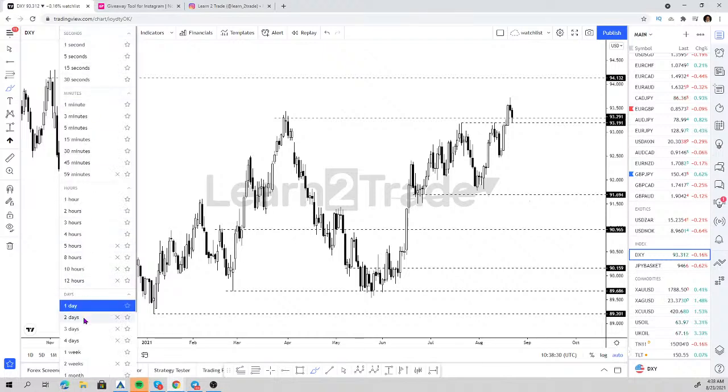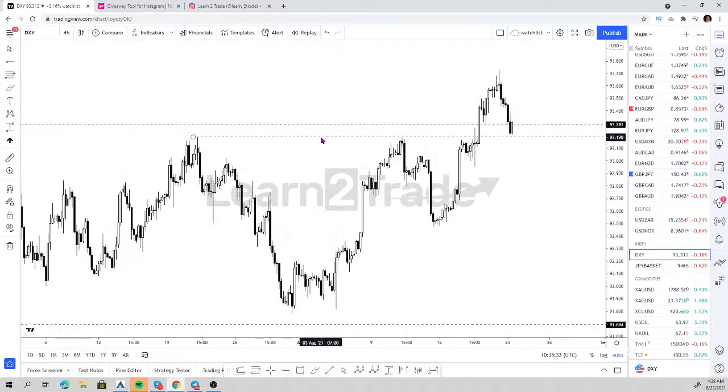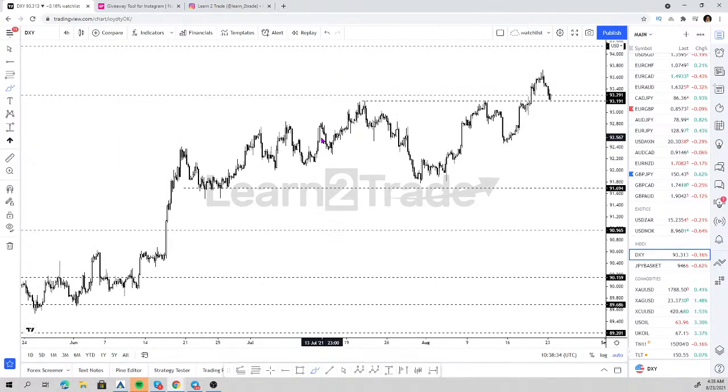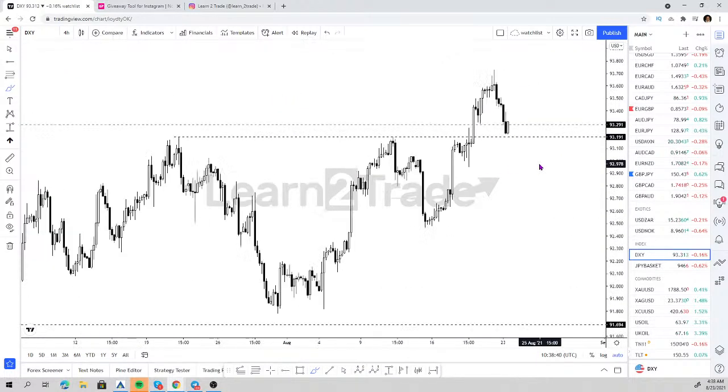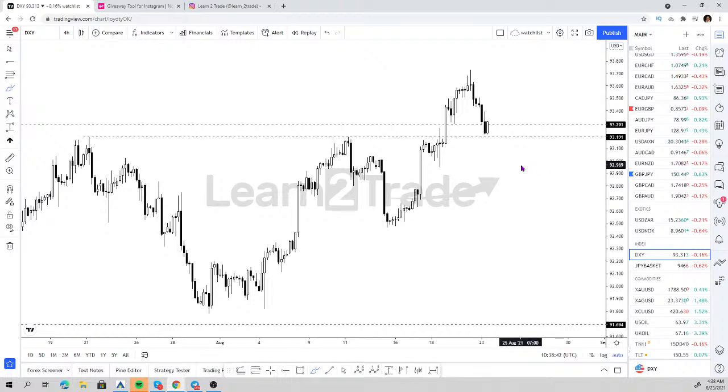Now, in the past few trading days, we've had a pullback to these previous broken highs, to this previous value area. That's one of the reasons that I traded, where I'm still holding that US dollar Mexican peso long.